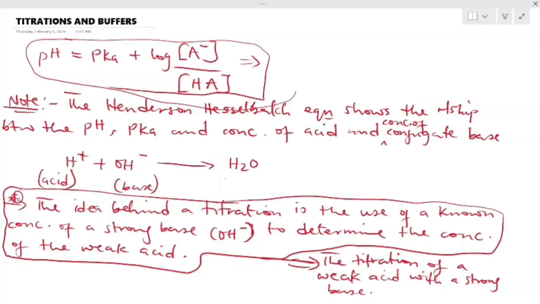However, the titration of a weak acid and a strong base is the most common titration that is carried out most often. So this is the most common type of titration.